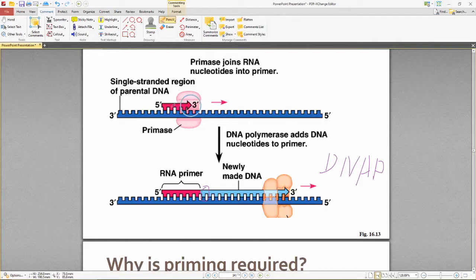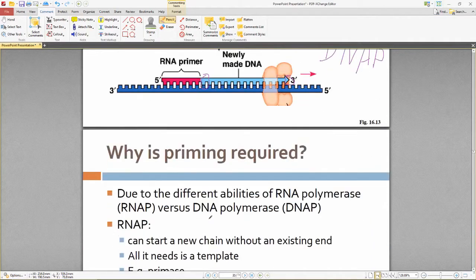RNAP is not limited by this. So RNAP can basically plunk down an RNA nucleotide anywhere on this blue strand, but DNAP can only add to an existing 3' end. And this is really, really important and creates a couple of challenges in DNA replication.